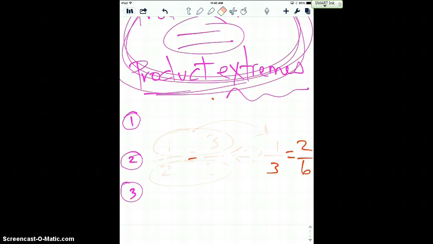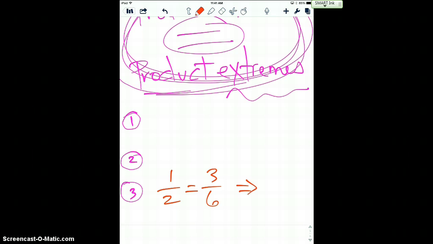Okay, one other feature. This is kind of a weird feature, so get ready. If I have 1/2 equals 3/6, it is also equivalent to this proportion. This is a weird one: (1 plus 2) over 2 and (3 plus 3)... whoops, not 3.